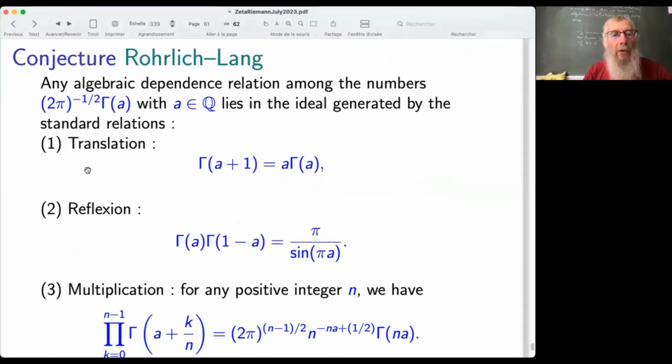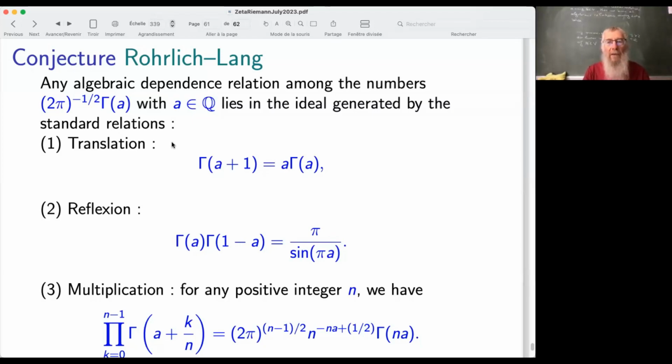I mentioned the gamma function, and there are some open problems related with the gamma function, which are again related with transcendence and algebraic independence. The Rohrlich-Lang conjecture is that if you take the values of the gamma function, all the algebraic relations among them should be deduced from the properties of the gamma function itself.